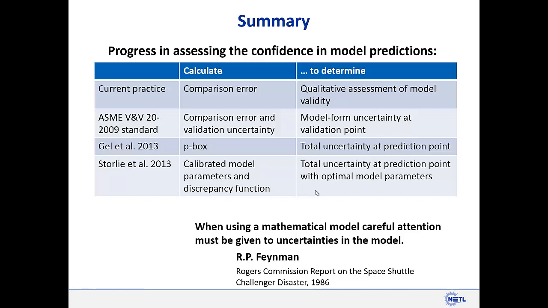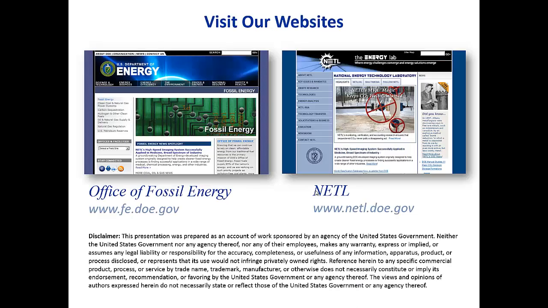Ideally, we want to do experiments at small scales, which are controlled, cheap and fast, and reduce the number of large-scale trials. To do that effectively, I think computational science can help, and to get that help, you need to have confidence, or you need to know the uncertainties in your predictions. Thank you for your attention and your questions.